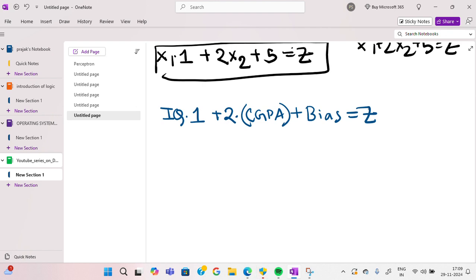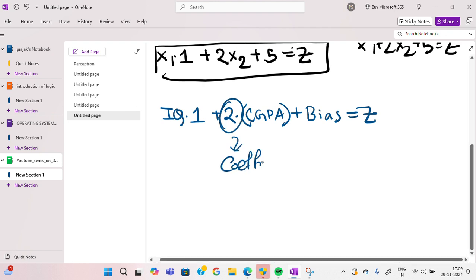Now we can check the coefficient of CGPA, that is 2, and here the coefficient of IQ is 1.